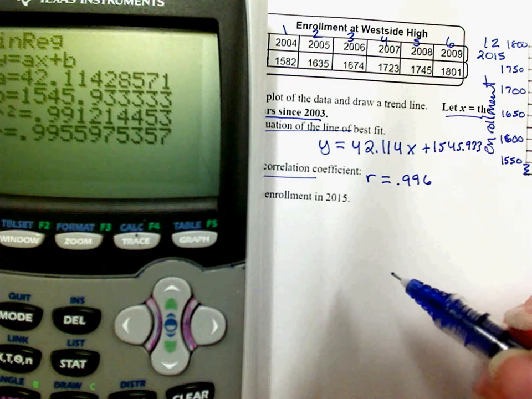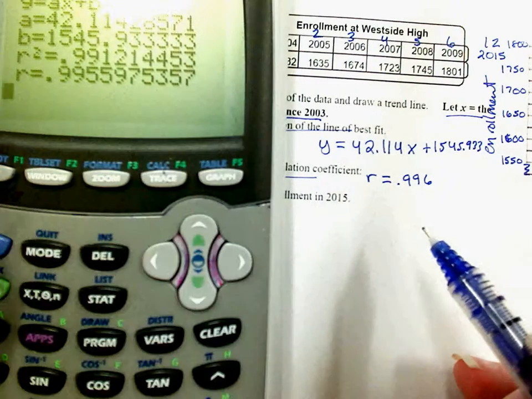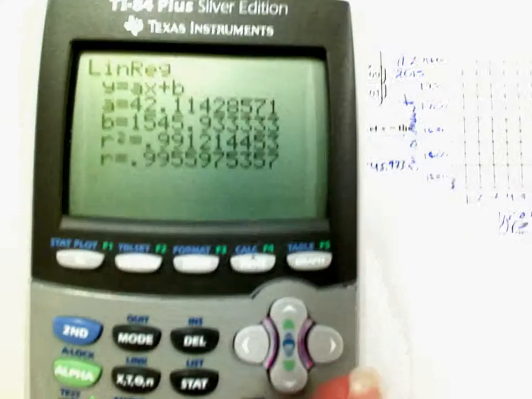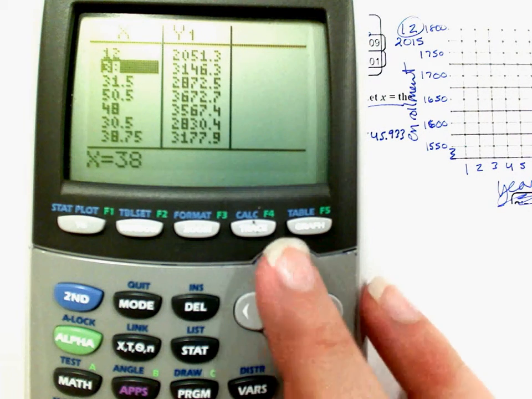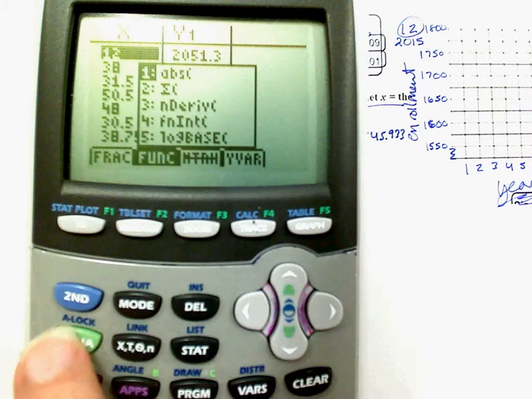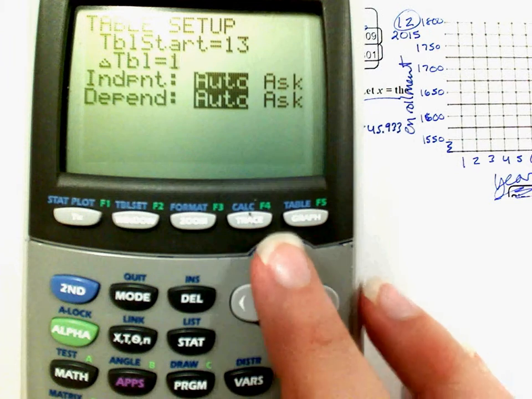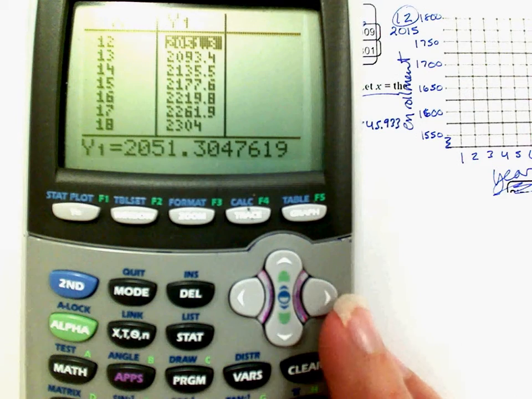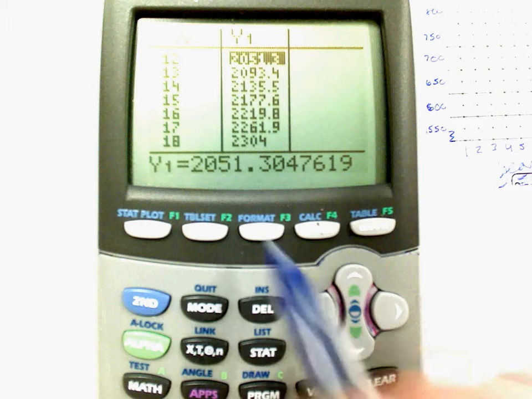Now we just said that was when x equals what? 12, so I'm going to go to my table, and I'm going to look at 12. Now I have mine set on ask, so I can just type in whatever I want. If yours is on auto, then maybe you just say start at 12, and you look at your table, at 12, 2051 point. Now if this is enrollment, then I doubt we can have 0.305 people. So we might as well say 2051. Okay, we good?